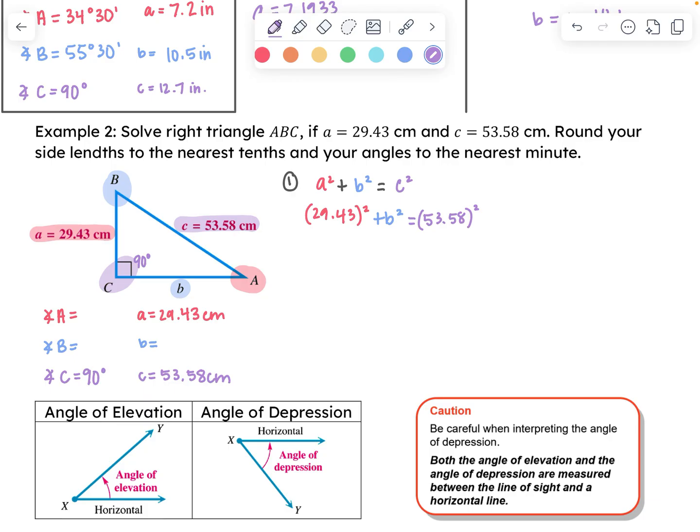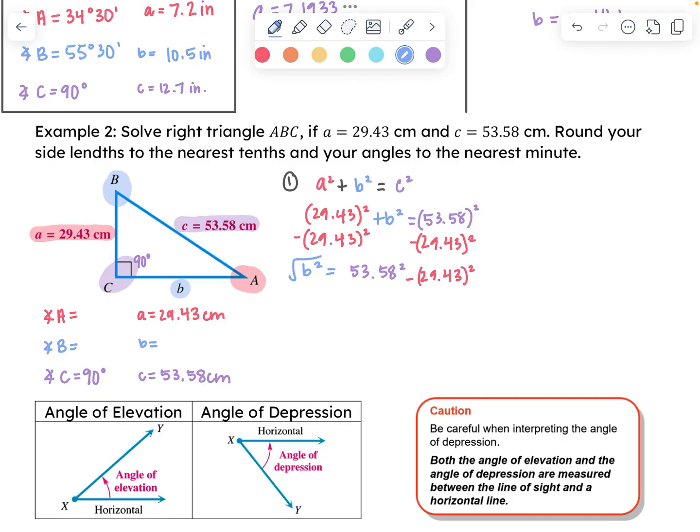Okay, I am going to plug stuff into my calculator, so I'm not actually going to do all of that until the last step, just to save myself from maybe some rounding errors along the way. So what I'm going to do here is start by subtracting the 29.43 squared from both sides. I get b squared is equal to 53.58 squared minus 29.43 squared.